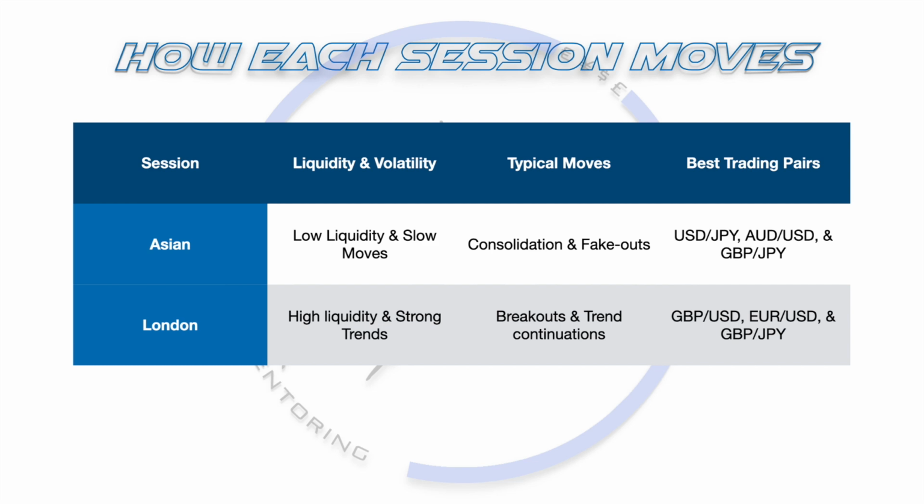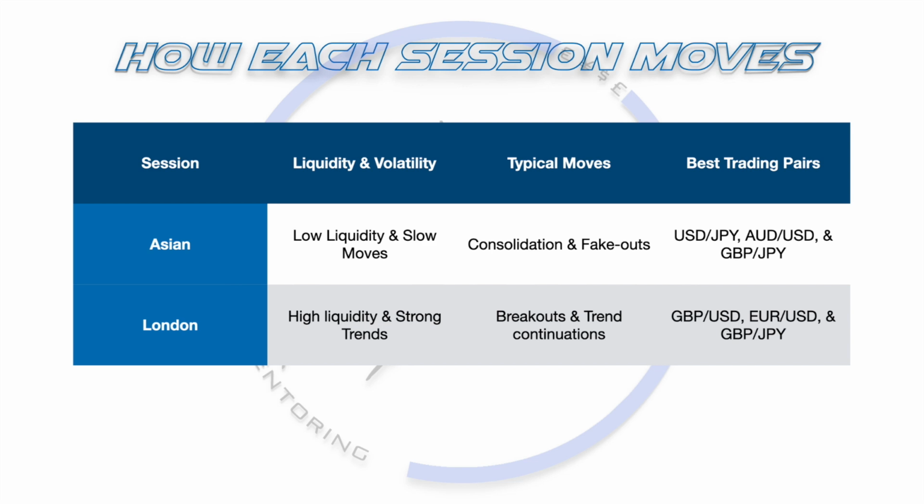The London session is where the real market action starts. This is when banks, hedge funds, and large institutions execute their major trades, creating strong trends and breakouts. When it comes to liquidity and volatility, the highest liquidity of any session is going to be during the London session.